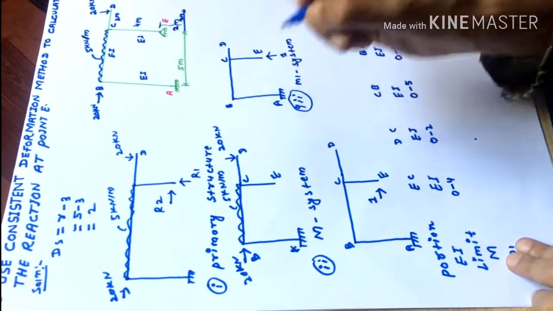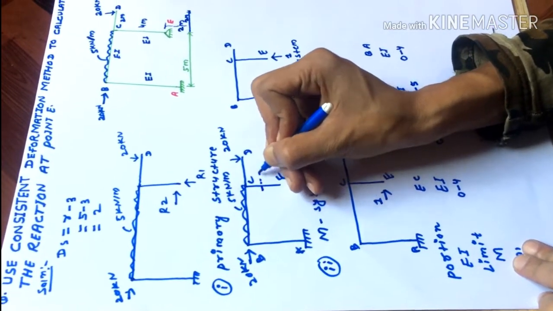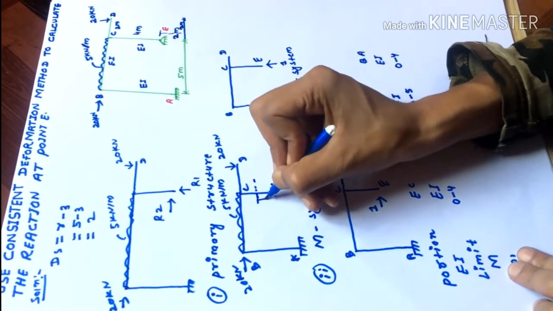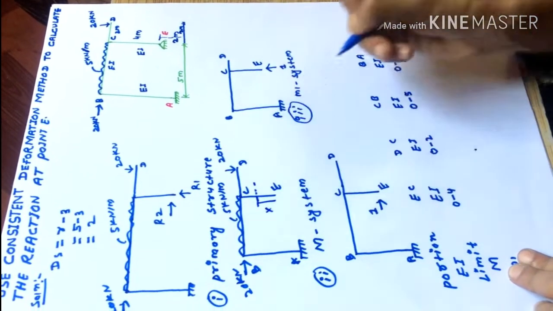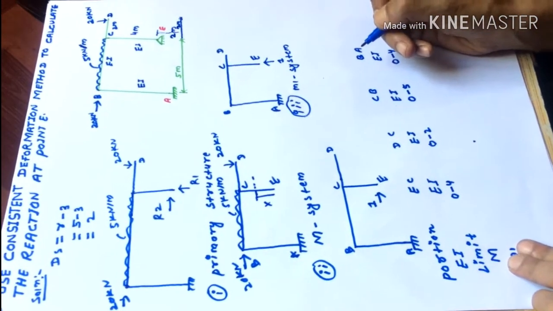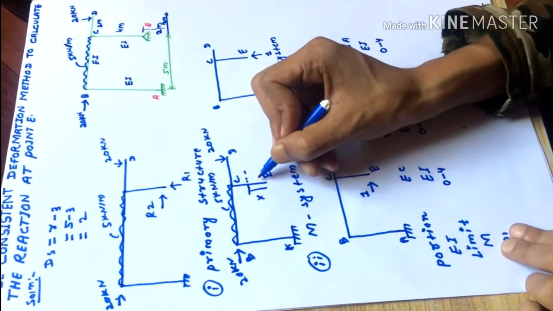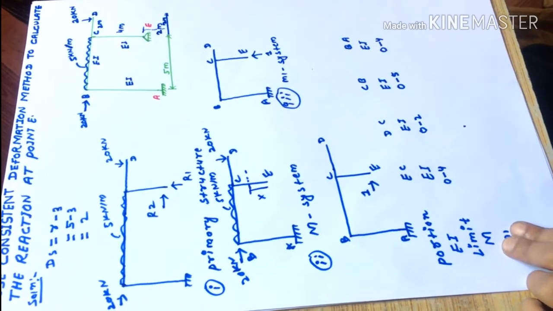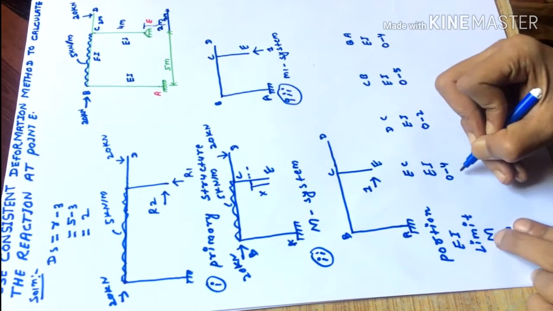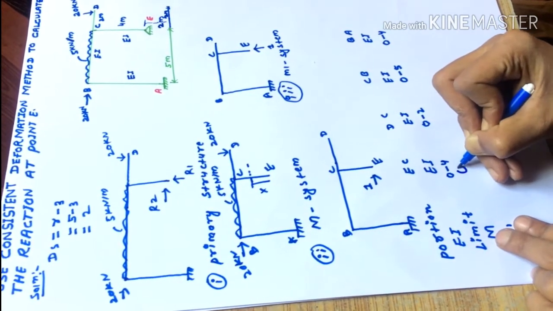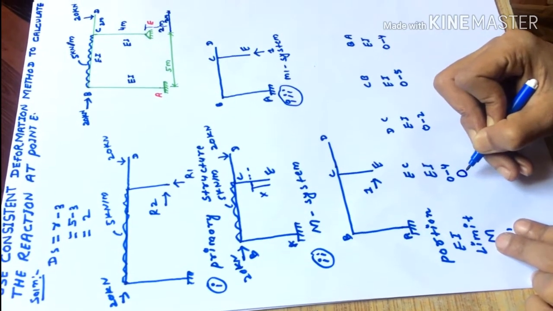In portion EC, let us take a section at a distance of X from the origin E. In the figure we can see there is no external force acting in portion EC, so the bending moment is 0 in portion EC.